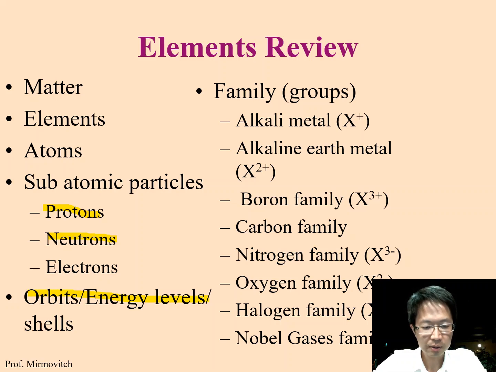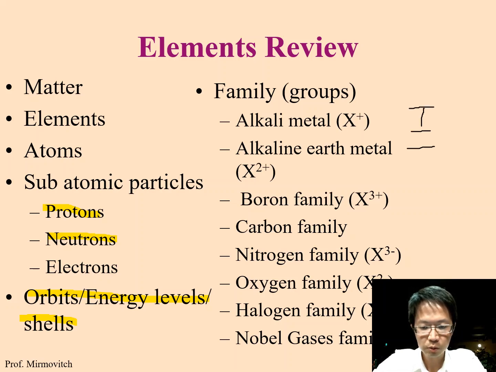They describe the location of the electron. And then family groups. There are different names for them, and you need to know all the names. So this is group 1.